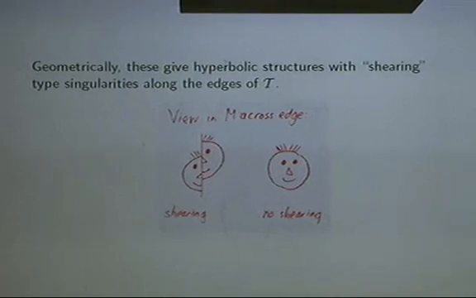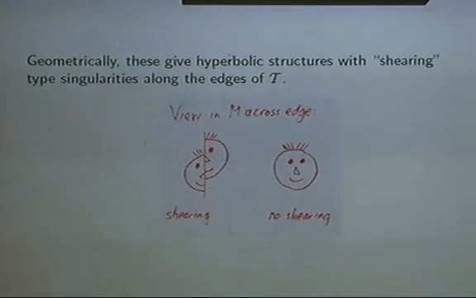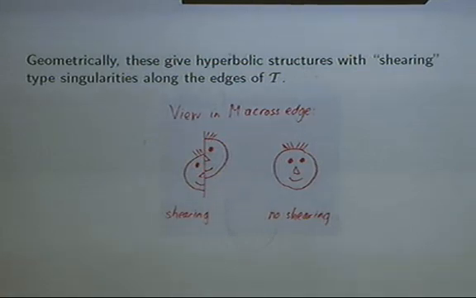Geometrically, these angle structures give you some sort of singular hyperbolic structures on your manifold. You have hyperbolic structures with shearing happening along the edges. This is a schematic picture. If you're living inside this manifold and you see what happens across the edge, if there's no shearing, we see someone across the other side of the edge.